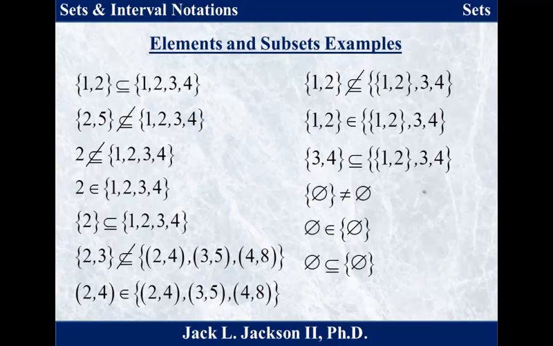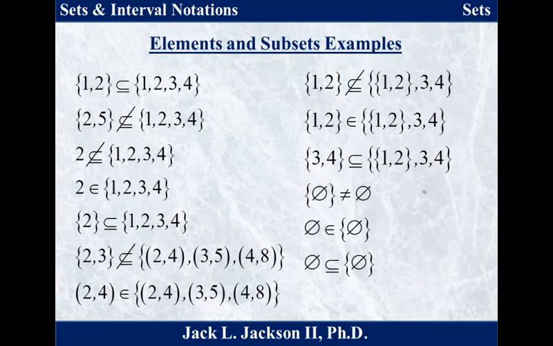In other words, to be a set, it needs the container. So we have a container containing 2, and that is a subset of the container containing 1, 2, 3, 4. 2 by itself, without the container, is an element of the set {1, 2, 3, 4}. Okay, look at the next one. It gets a little bit trickier here.